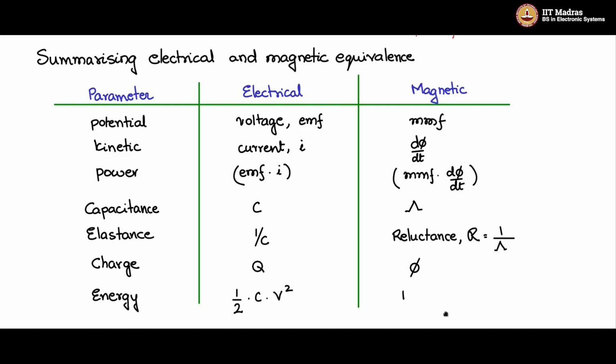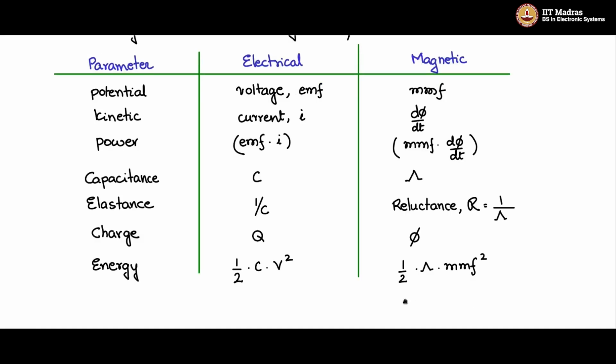Half C V square is replaced by half permeance mmf square, or you can club CV and call it half QV, and here also half phi into mmf. So these are some of the equivalents that we saw. You can write many more equivalents.